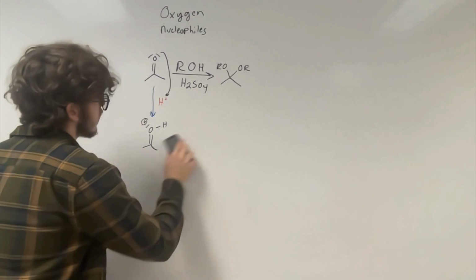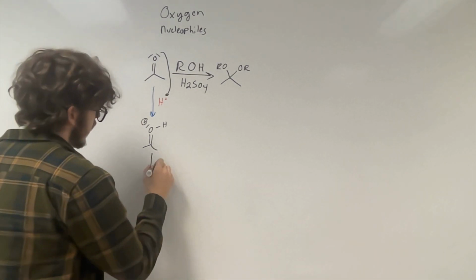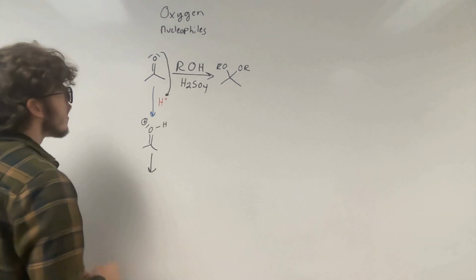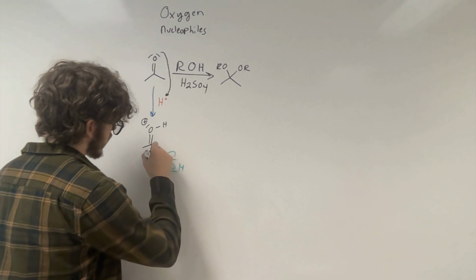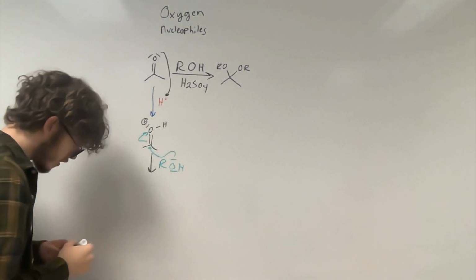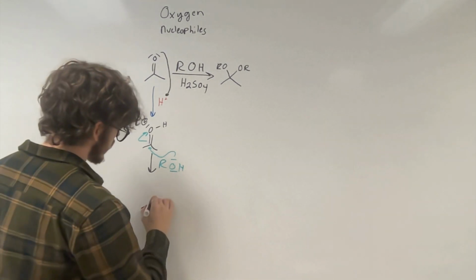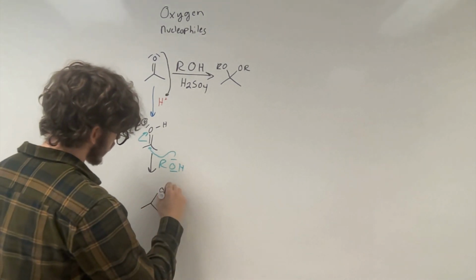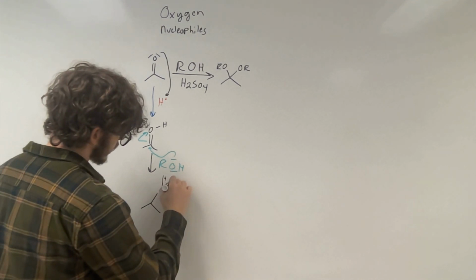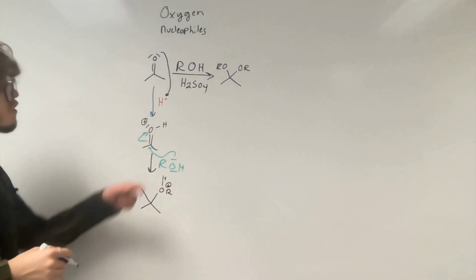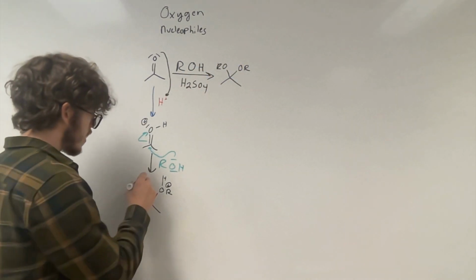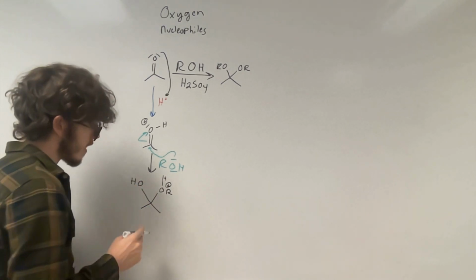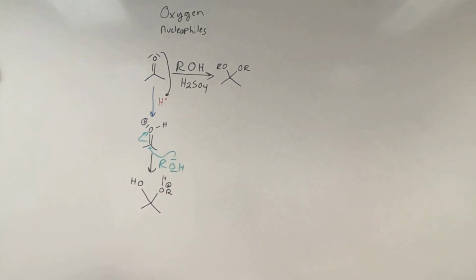So what happens next is our alcohol molecule is going to come in, kick up electrons, and we're going to get what's called, and it's not fully an acetal yet, but we're about to fool it. We call it a hemiacetal when there's only one of these groups. So if we just had that, that would be a hemiacetal.